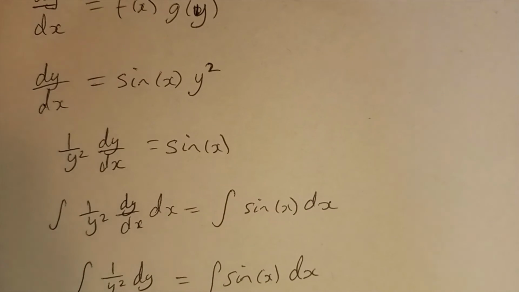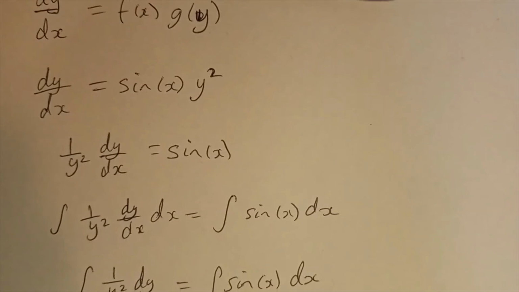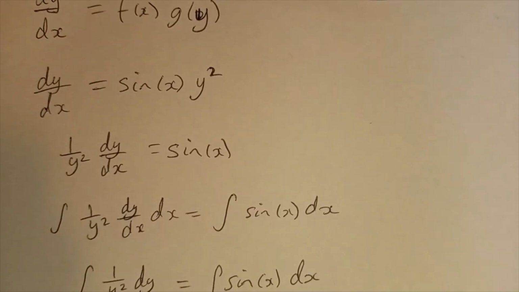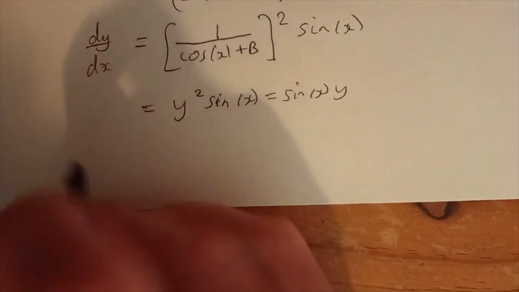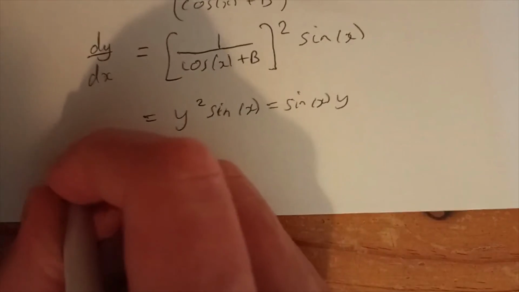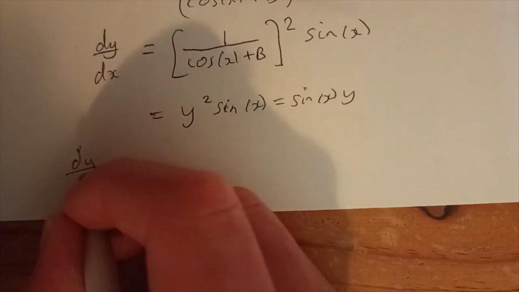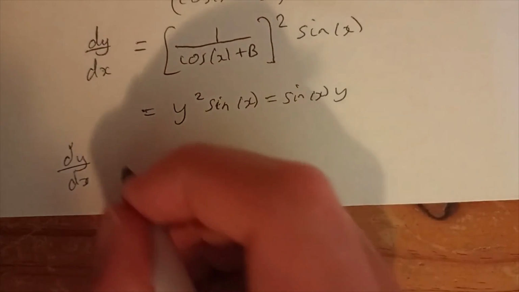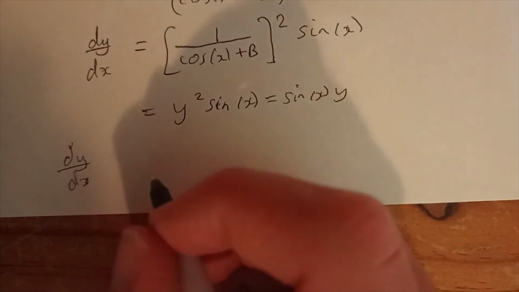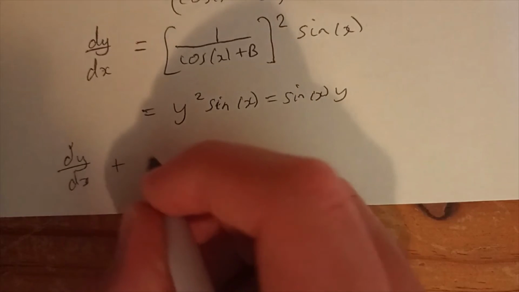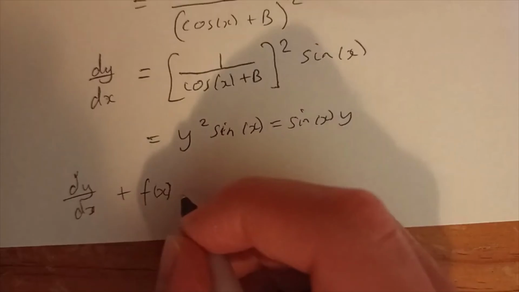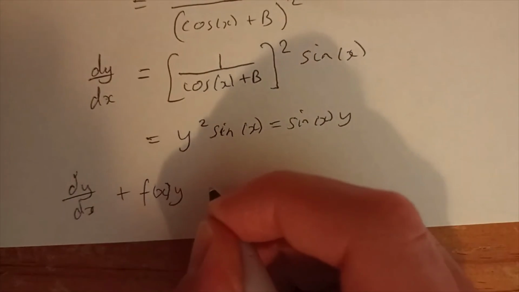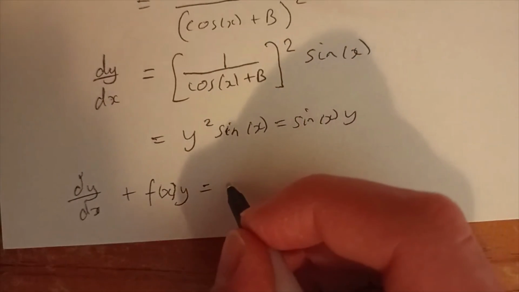In the next video, I'll go on to talk about linear differential equations. We won't be looking at ones with y squared, for example, like this case. We'll still be looking at first order equations, but ones of the form dy dx plus some function of x, which could be constant or could be not, times y equals some function of x.